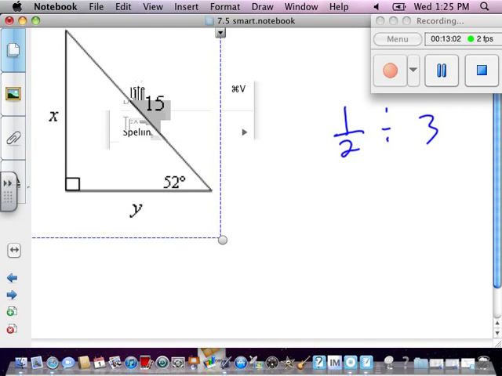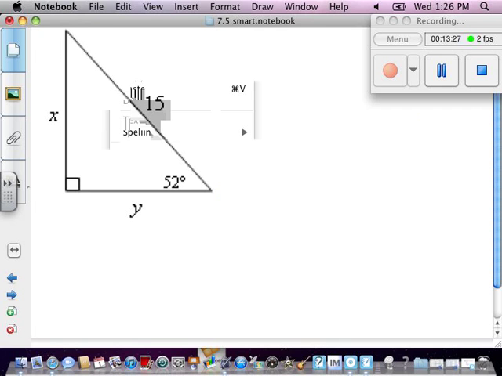If you do 0.5 times 0.5 divided by 3, you get 2/3, which is bigger than 1/2. Remember when you're multiplying fractions, you get a smaller number, because you're looking at how many halves you have.